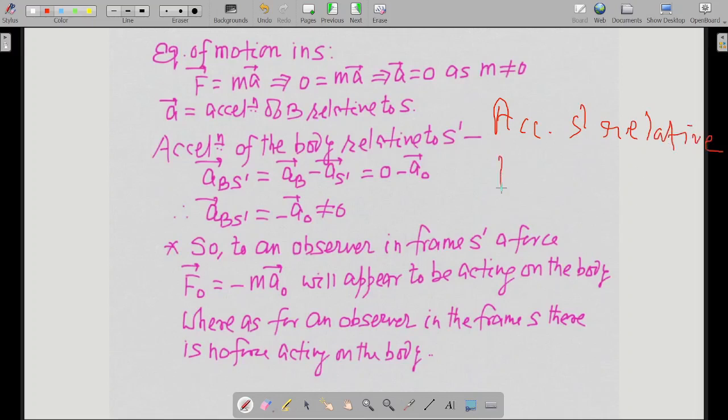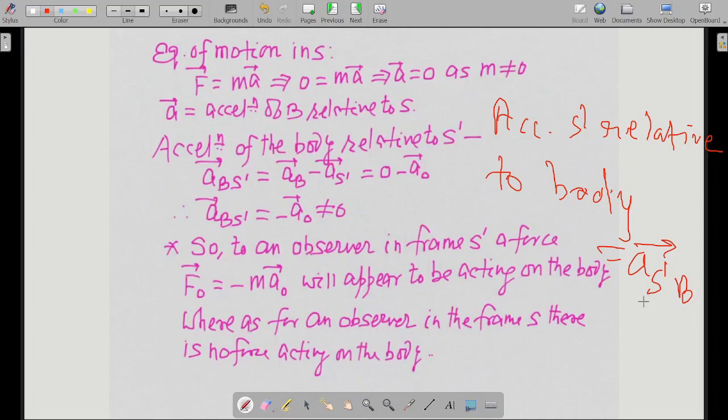Clearly, acceleration of S prime relative to body will be a S prime B vector, and acceleration of body relative to S prime is a B S prime.